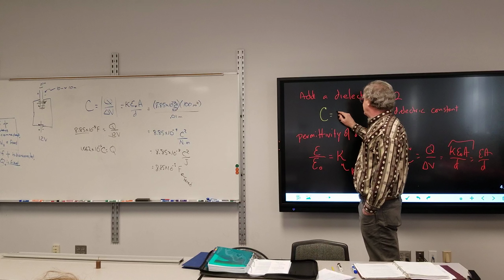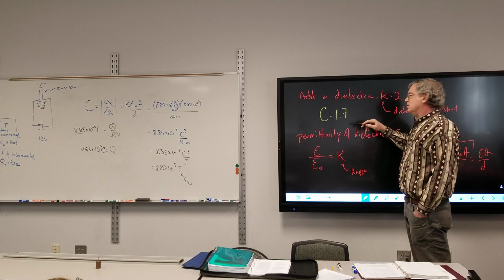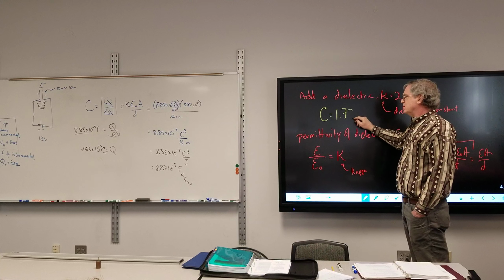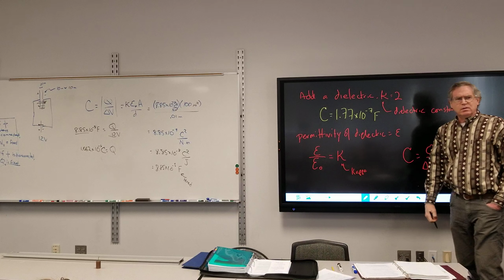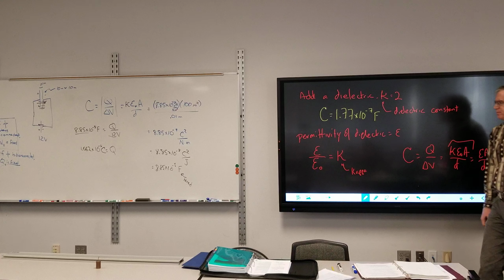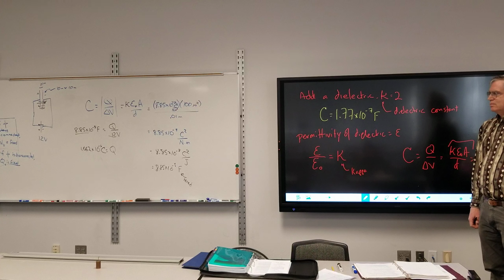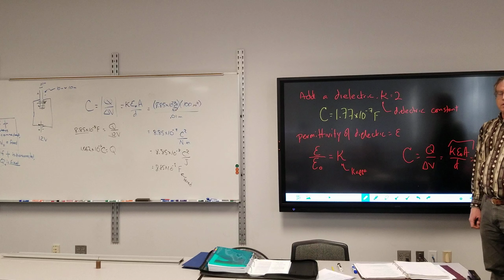Do the fancy math there, that's 1.77 times 10 to the negative 7 farads. Okay. Because we're going to keep manipulating this.